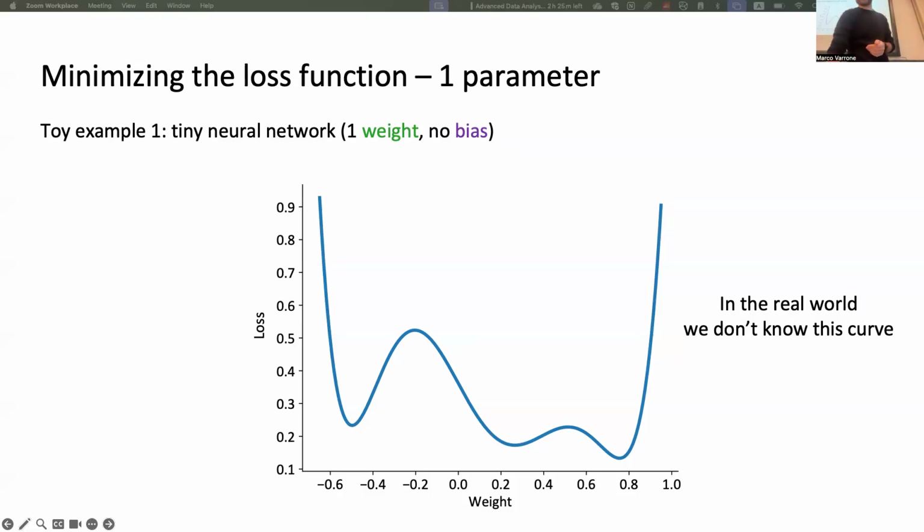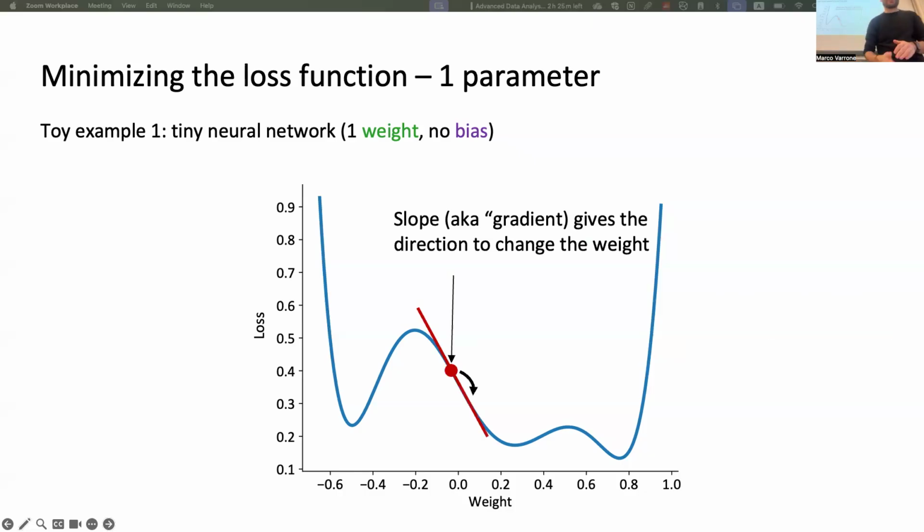And the way that you do it is that, imagine that you start from a random value of the weight, for example, 0. You compute the loss function based on the data that you have, and through that algorithm that I talked about, you can measure the slope, the gradient. So in which direction should the weight change to be able to improve and minimize this loss? As if you've taken the derivative of a function.